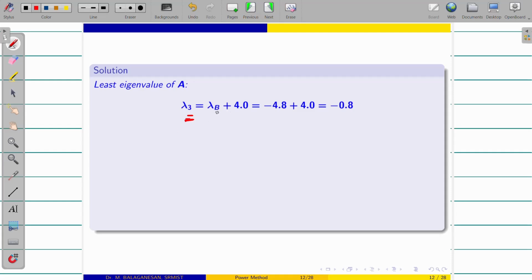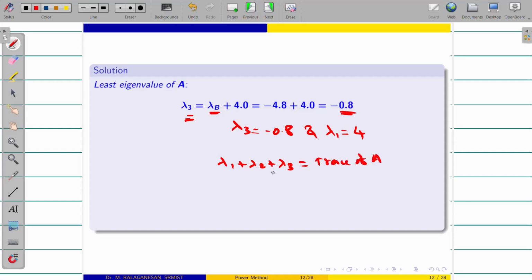So the dominant eigenvalue of B plus lambda 1 is lambda 3, equivalent to minus 0.8, and we know lambda 1 is equivalent to 4. Then how can I find the third eigenvalue? We know the property: lambda 1 plus lambda 2 plus lambda 3 is equivalent to the trace of A.